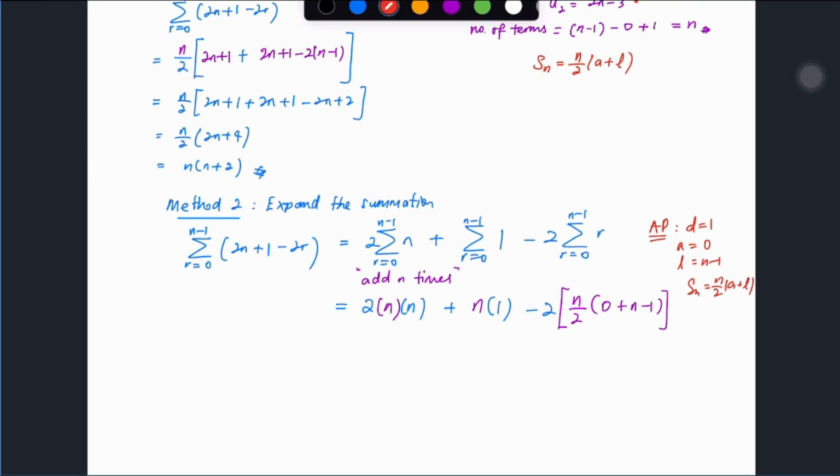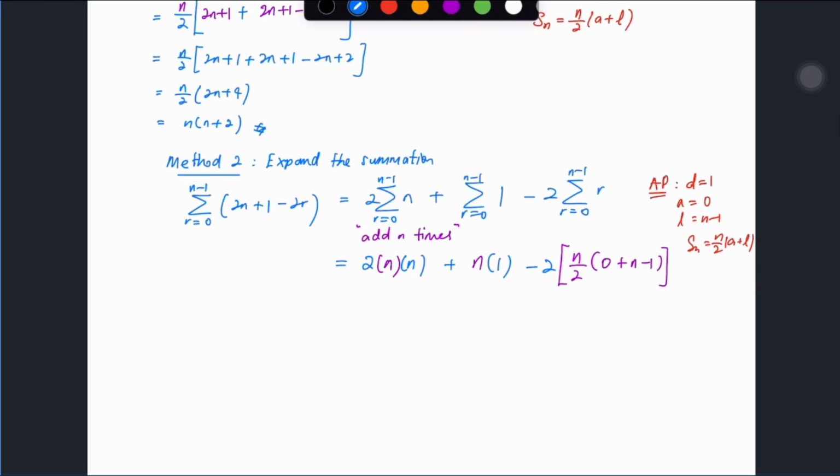Okay, can n over 2A plus L. Or the other way to do it is you change variable. So when r goes from 1 to n, what do you need to substitute to get r equals to 1? You replace r with r minus 1.